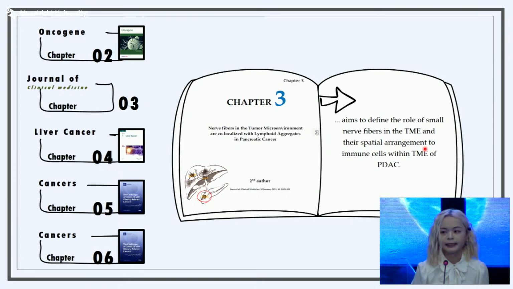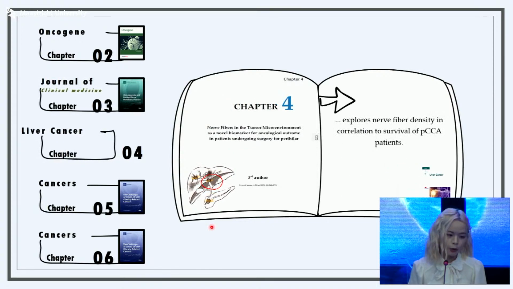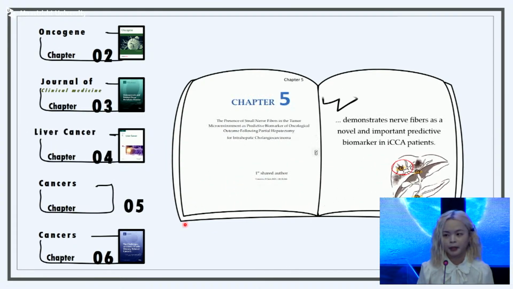In Chapter 3, we aim to define the role of small nerve fibers in the TME and their spatial arrangement to immune cells within the TME of PDAC. In Chapter 4, we explore nerve fiber density in correlation with the survival of PCCA patients. In Chapter 5, we demonstrate nerve fibers as a novel and important predictive biomarker in ICCA patients.